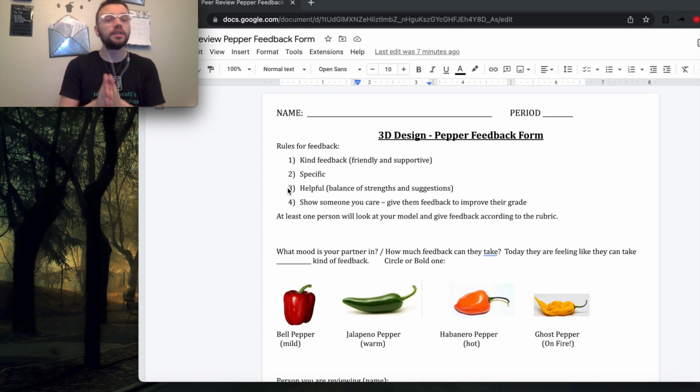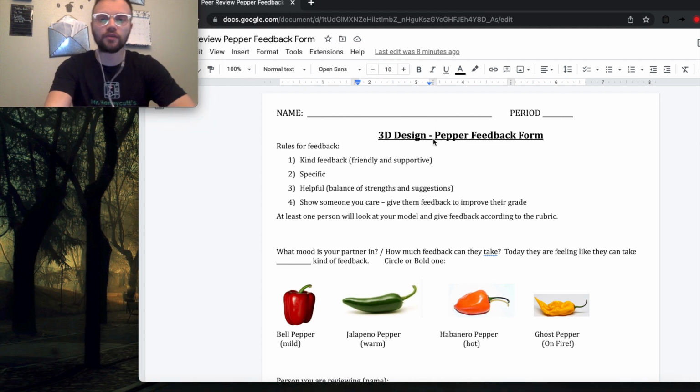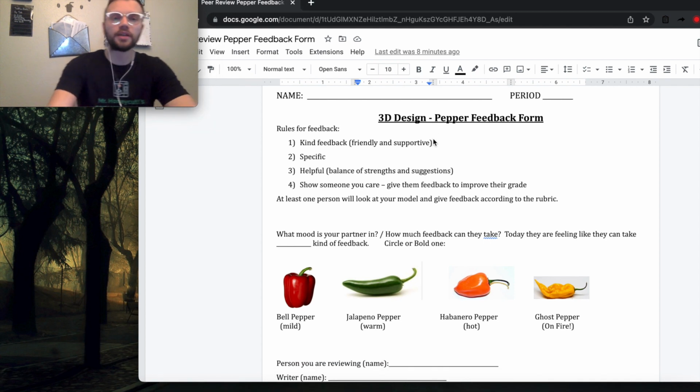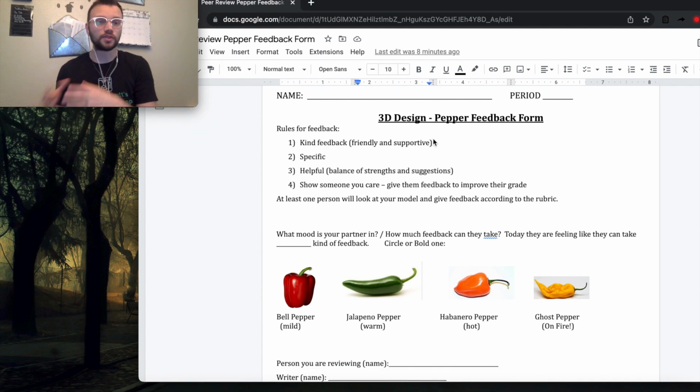So the 3D Design Pepper feedback form, this form was actually developed by an educator named Lisa Hill, who is a teacher from Australia, who taught at Woodland Park Middle School in Colorado as an exchange teacher, which was just such an amazing experience because I learned so much from her. But I really love this Pepper feedback form that she put together because I feel like it's a great way to introduce students to the idea of constructive criticism and giving effective peer review.